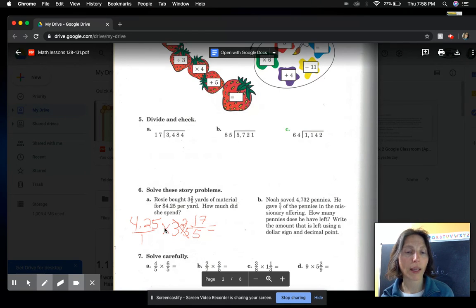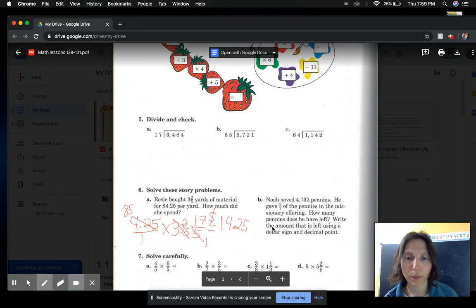Now I know that I can divide 5 into 4.25 because of my divisibility rules, and this ends in a 5. So I'm going to say 5 divided by 5 is 1, and 4.25 divided by 5 is, if you do the math, 85. And then 85 times 17 is 14.25 dollars. That's how much Rosie spent.